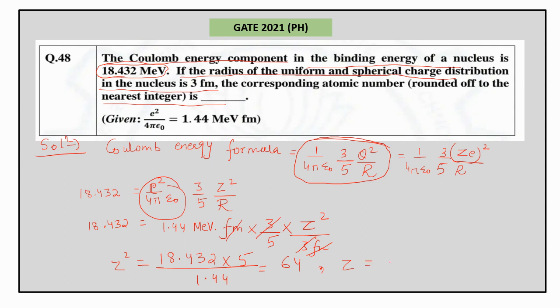So Z will be 8, right? So this will be oxygen. Z is equal to 8. Got it? This was a straightforward question of 2 marks.